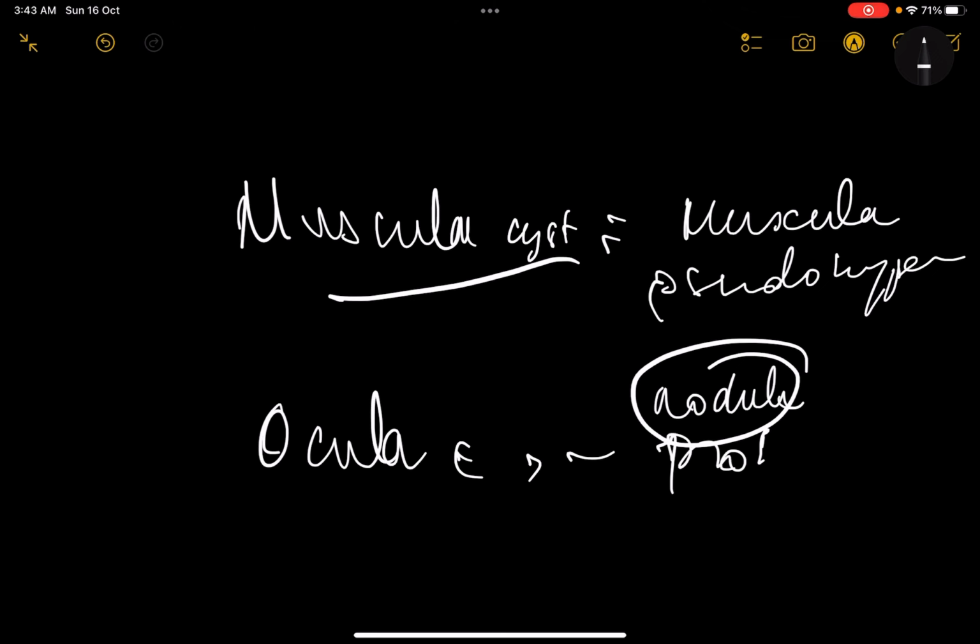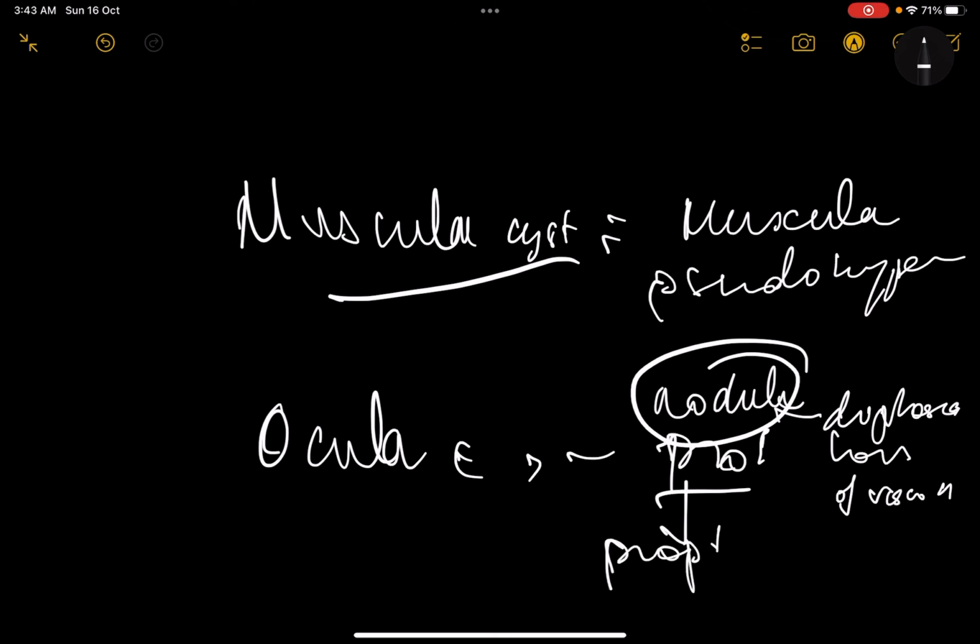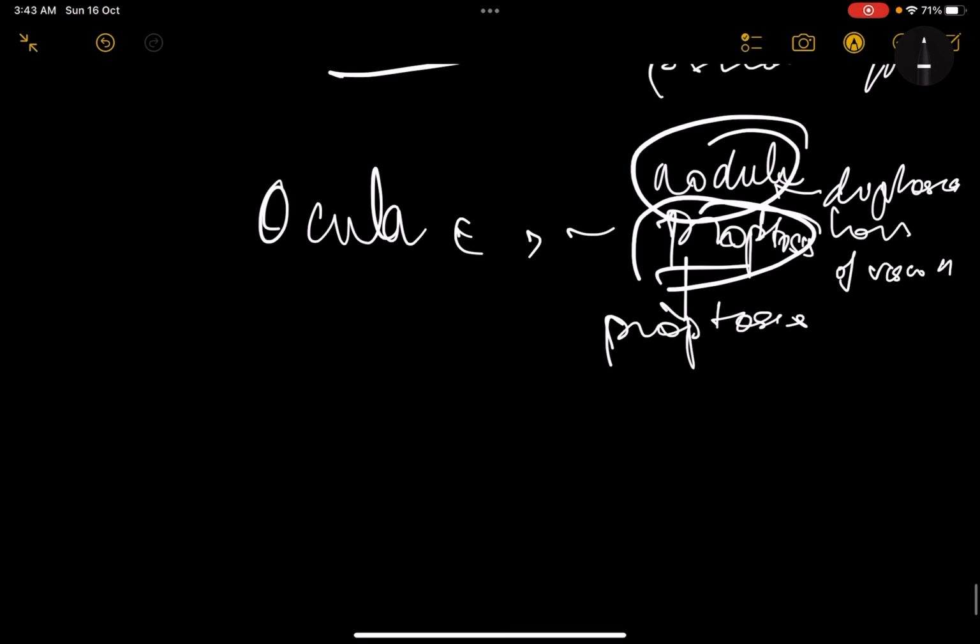They will cause a lot of irritation, and that will lead to diplopia, loss of vision, and finally also some monoproptosis. These nodules are present at various structures, and they can push the eyelid forward to cause proptosis.